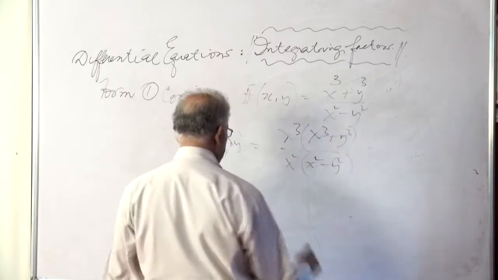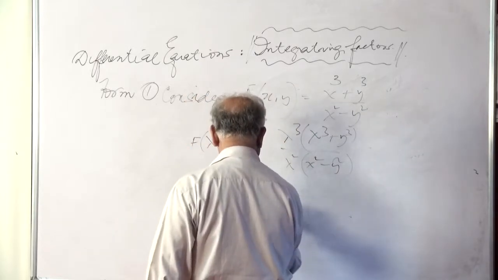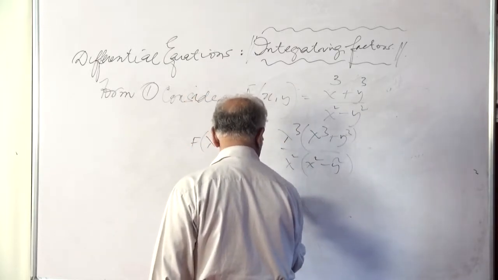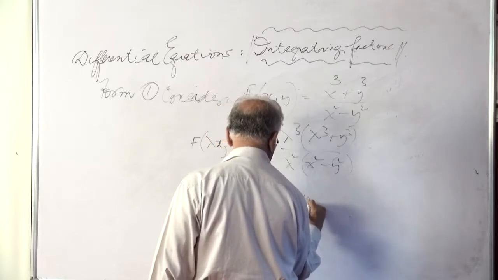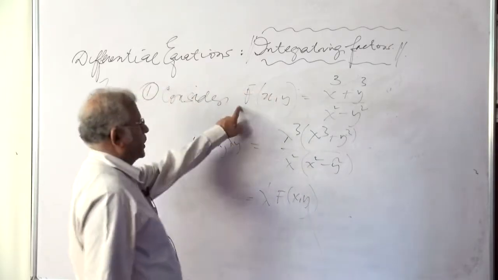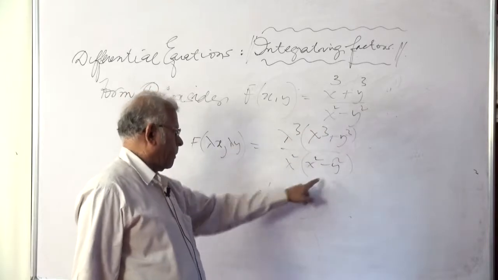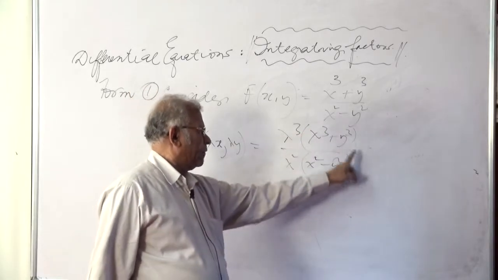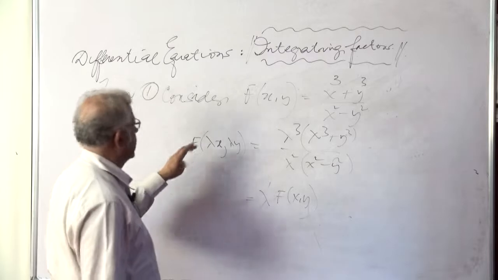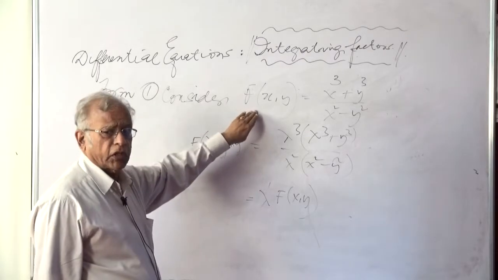In other words, this is equal to lambda to the power of 1 times f(x,y). f(x,y) is this part. So we say that the given function is a homogeneous function of degree 1.